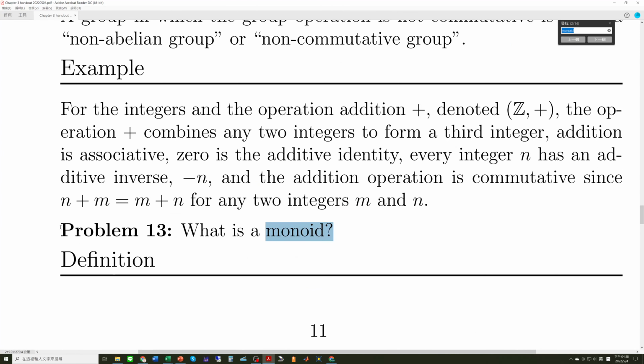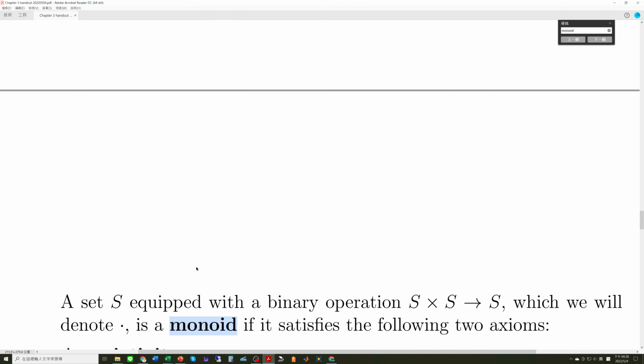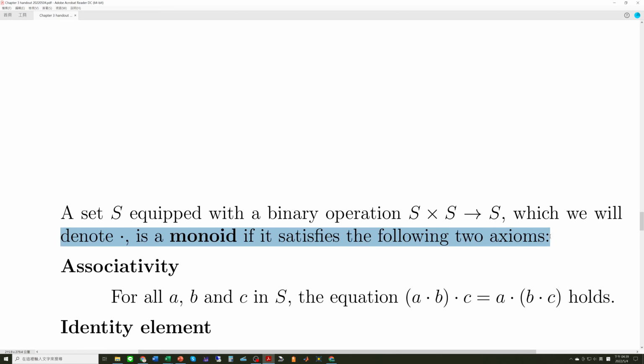Okay, let us see problem 13. What is a monoid? First let us see the definition. A set S equipped with a binary operation S times S to S, here times means the Cartesian product, which we will introduce later, which we will denote dot, is a monoid if it satisfies the following two axioms.